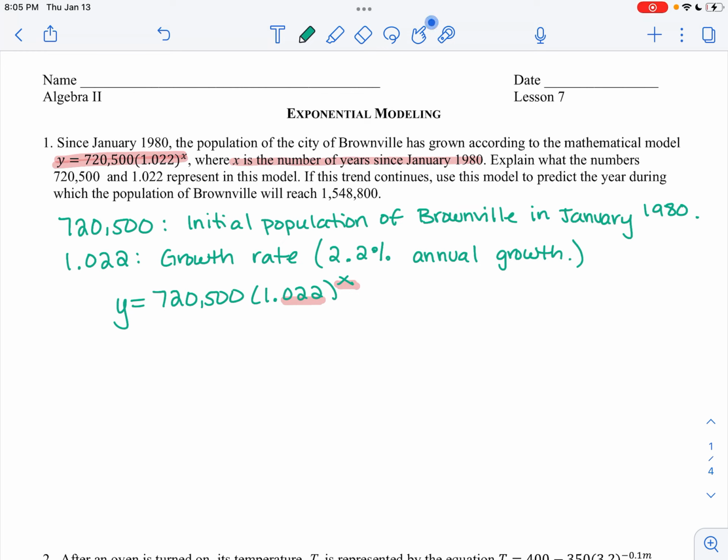Now what we're being asked to do is use this model to predict the year that the population will reach 1,548,800. So that's the amount for Y. And we're solving for time.